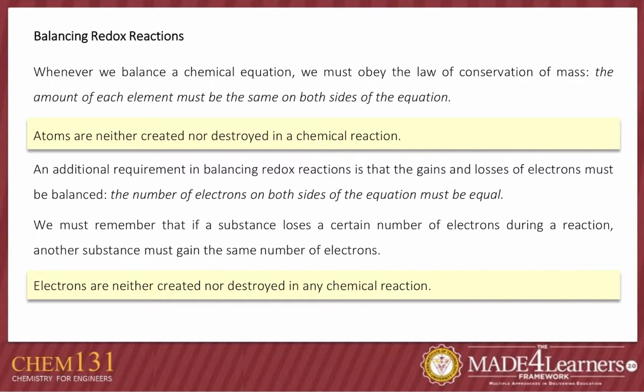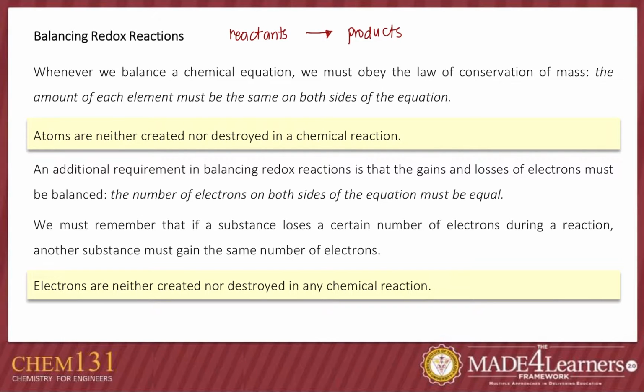Now, whenever we balance a chemical equation, when you recall, you learned how to balance chemical equations in high school. In a chemical equation, you have reactants. The substances present before a chemical reaction are called the reactants. They're separated by an arrow, and then the substances present after a chemical reaction are called the products.